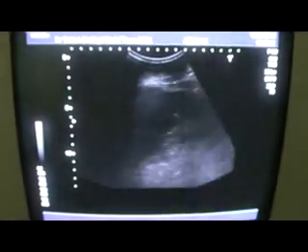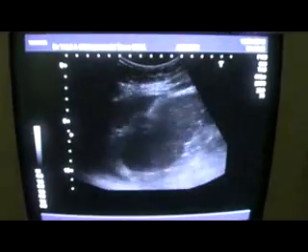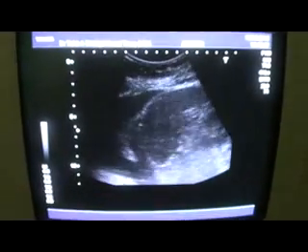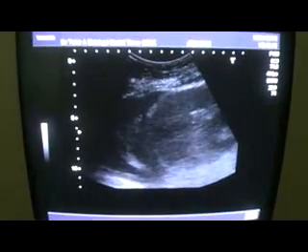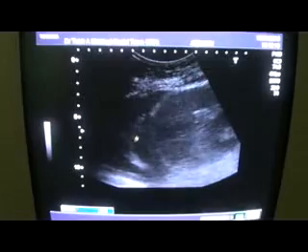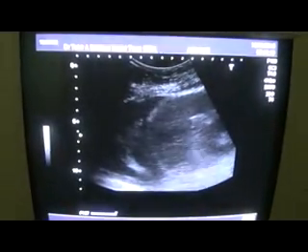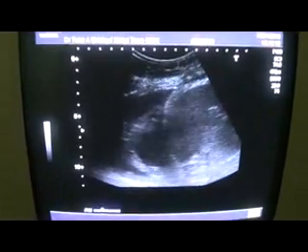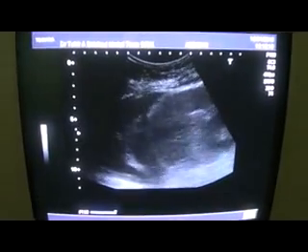Lung tissue will be seen floating in this pleural effusion, showing hepatization of the lung tissue. This one, this is the lung tissue, this area.